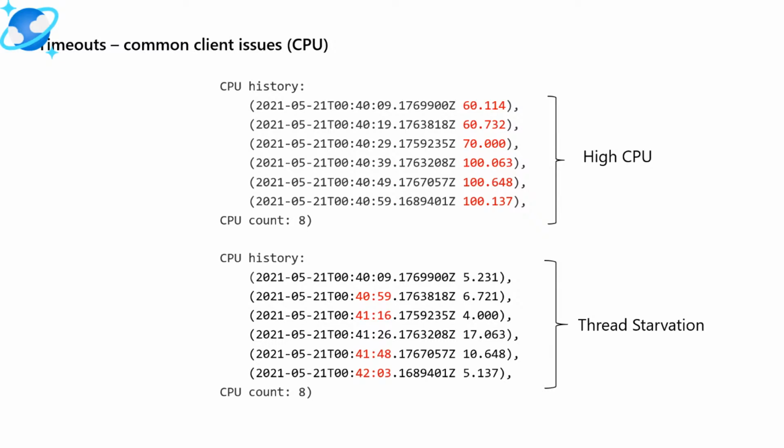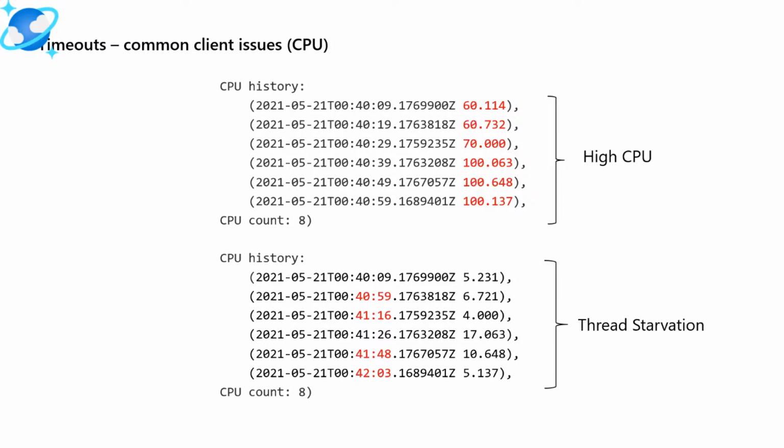The other scenario that happens mostly on .NET is something we call thread starvation. And we normally diagnose it also by looking at the diagnostics. But when we see the CPU history or these stamps not happening every 10 seconds, this is something that might be hinting at thread starvation. And the reason is the component that is measuring CPU is totally independent from the SDK itself, so there shouldn't be anything in the SDK blocking that component from taking measurements.